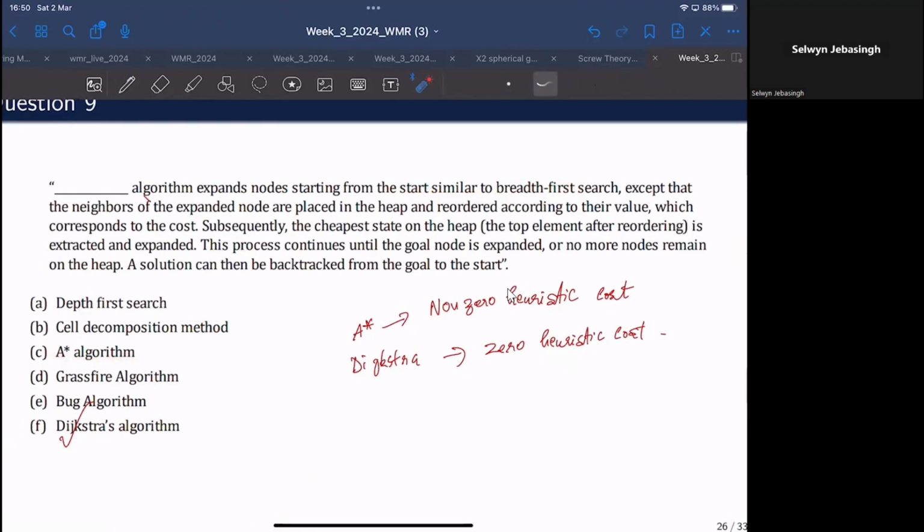Grassfire algorithm is actually an example of a breadth first algorithm, but it does not deal with reordering of the heap based on the cost. Then we have the bug algorithm, which was essentially a collision avoidance algorithm that has nothing to do with this question. You can eliminate that. So the only remaining options are Dijkstra and A star, out of which Dijkstra fits here the most.